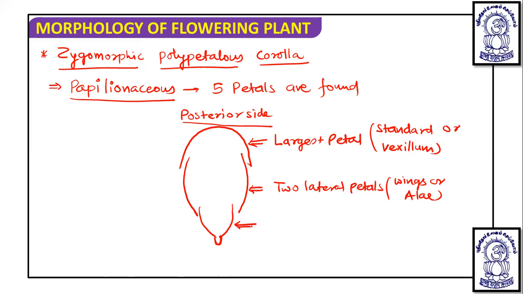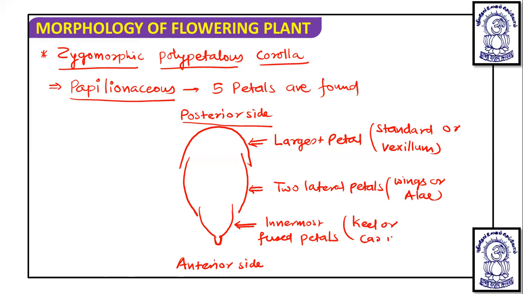So here, these are the innermost fused petals, and these innermost petals are present on the anterior side of the flower, which are known as keel or carina.